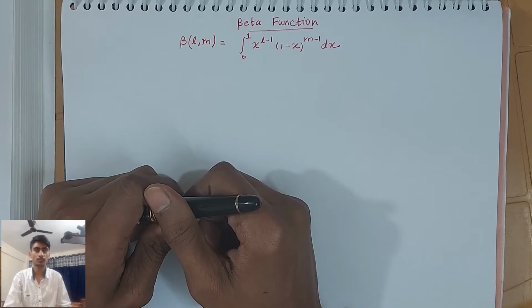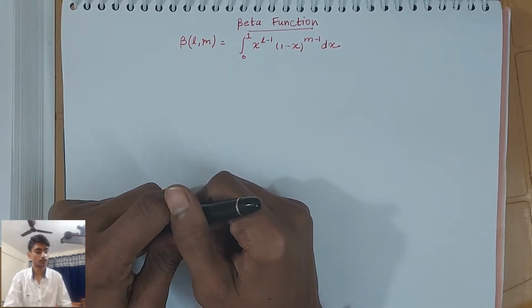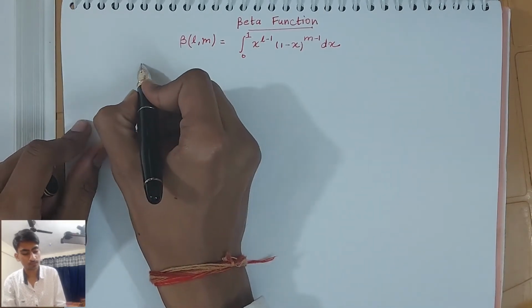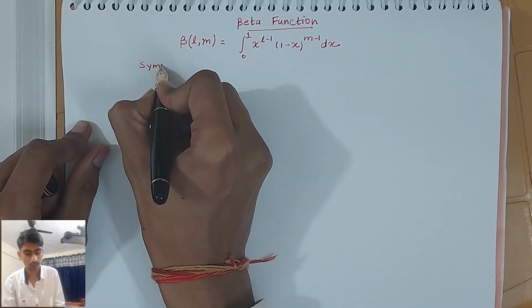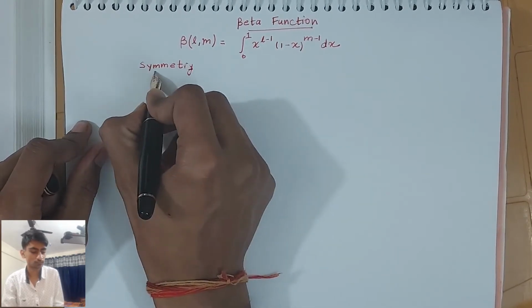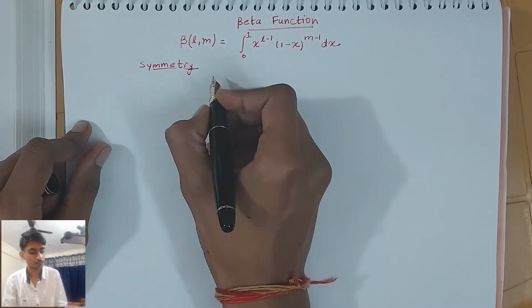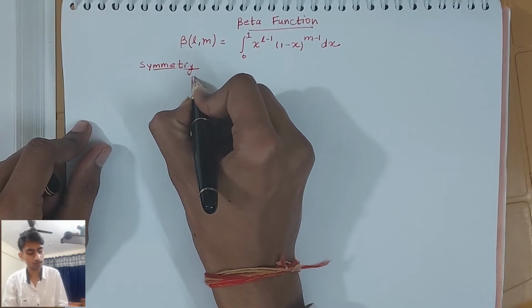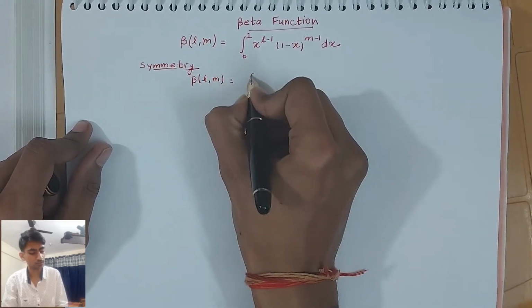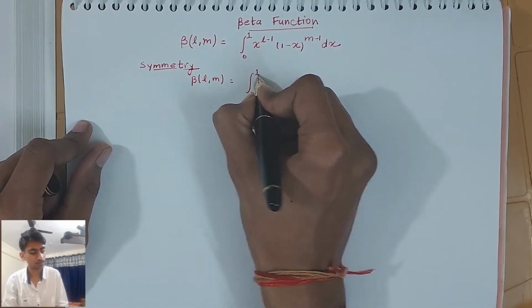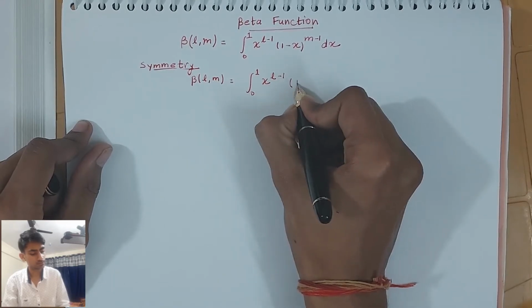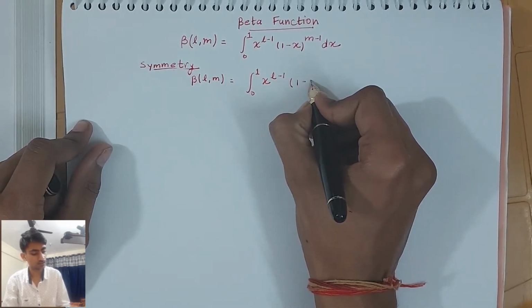So let's start by discussing an important property known as symmetry. So let's start with beta of L comma m is equal to, I am rewriting the same thing again just for this result to be a thing of itself.